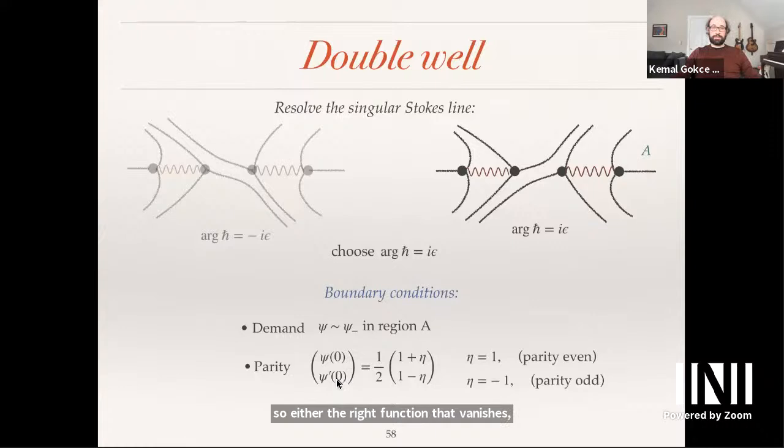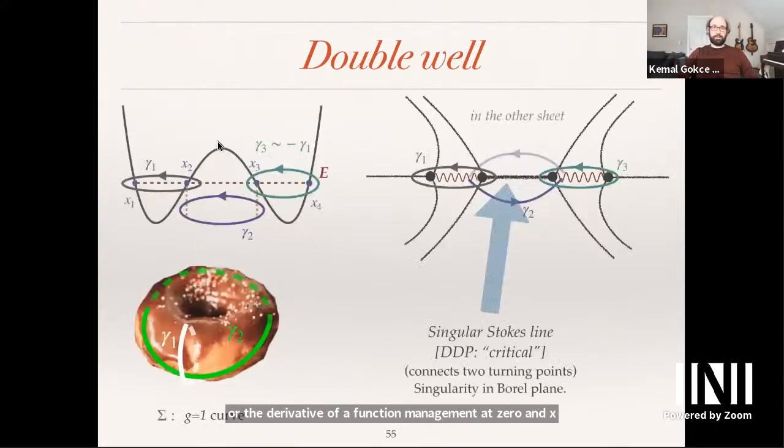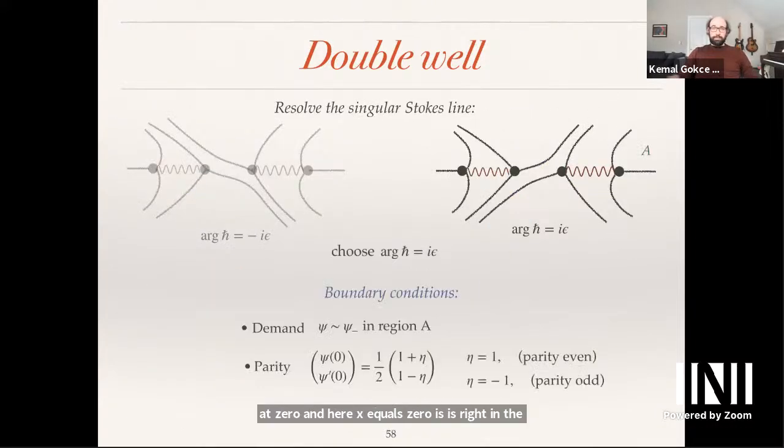And here x equals 0 is right in the center. Okay. I can express my boundary condition this way, where eta is a number that's either 1 or -1. So eta = 1 corresponds to parity even, and eta = -1 corresponds to parity odd wave function. So these are two separate wave functions.